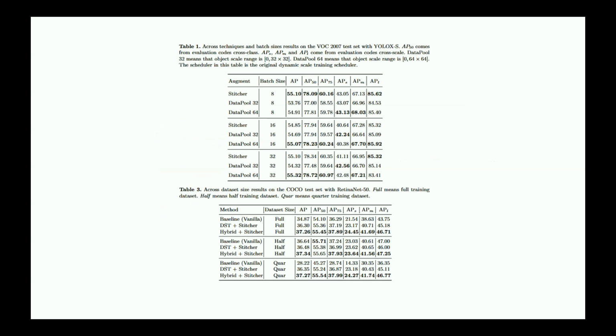As for the hybrid controller, we can achieve nearly 1 point improvement on all sizes of the COCO dataset. We divide the COCO dataset into the full dataset, a half dataset, and a quarter dataset. And we can see that the hybrid controller improved nearly 1 point across all different sizes of dataset.